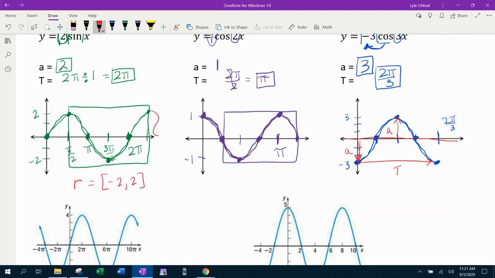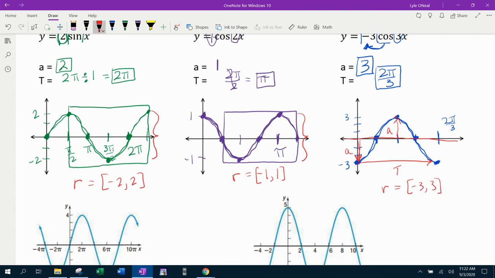Do you see that? Because the graph is contained between those two values. Here the range would be -1 to 1, again, because the graph is contained between -1 and 1. And for the last one, the range would be -3 to 3.